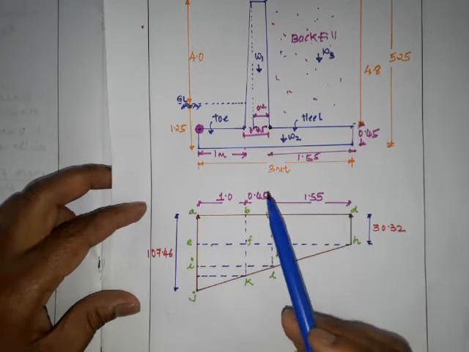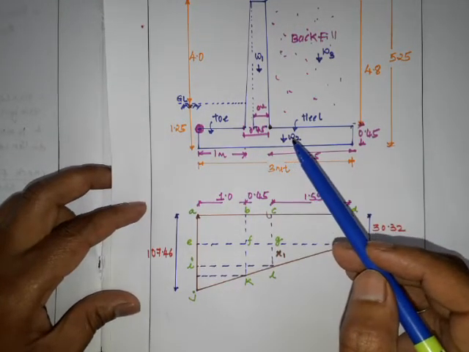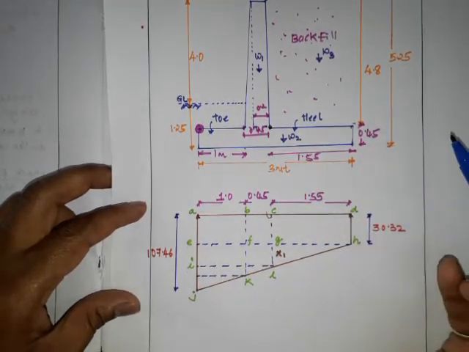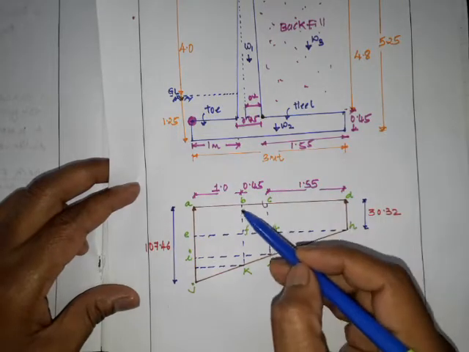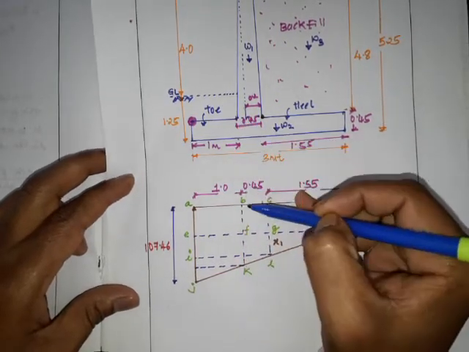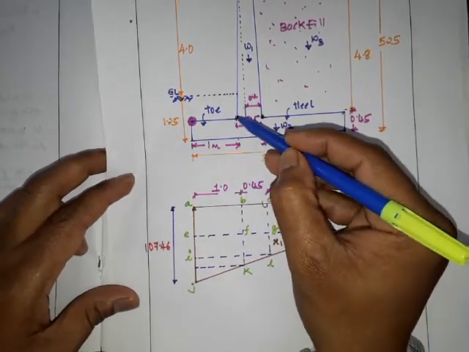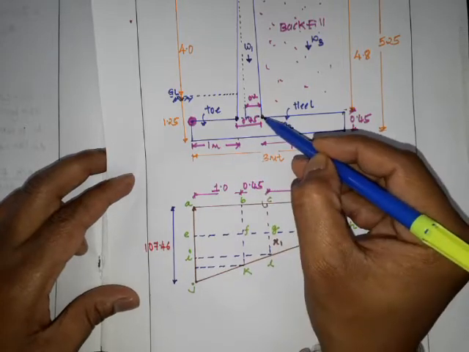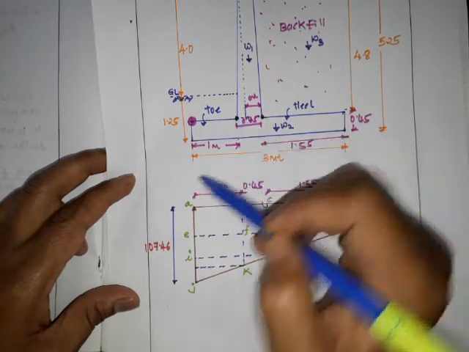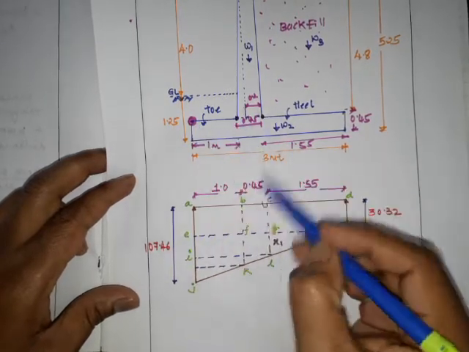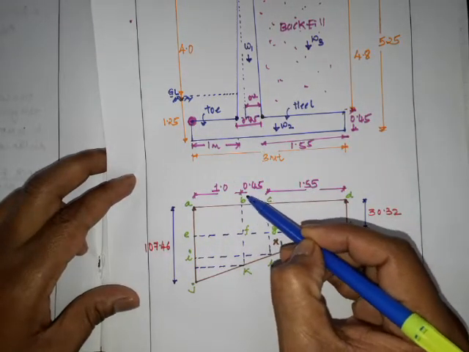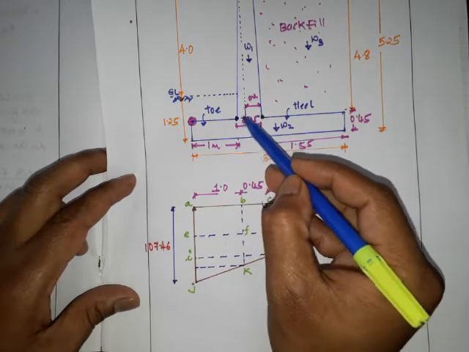So we have to consider all the forces and their moments, taking moment of all the forces about point B. For heel slab I have considered this; for toe slab you have to consider this. So this is point B, you can see here.